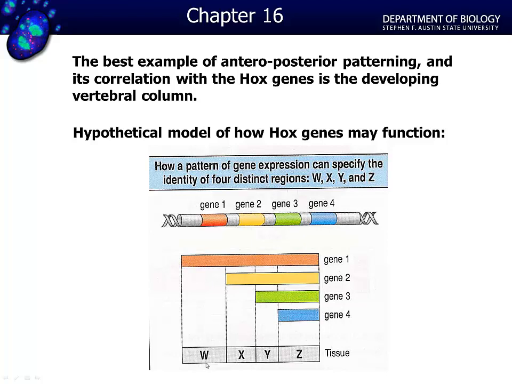So if we're going to develop an anterior structure, it's going to be directed simply by homeotic gene 1. But a more posterior structure is going to be directed by these 2 working together, even more posterior, 3 working together, and the most posterior in this case, all 4 working together. So that's this nested hypothetical model of how the Hox genes direct positional information in an anterior-posterior pattern.